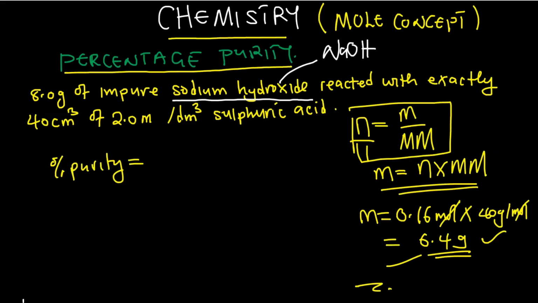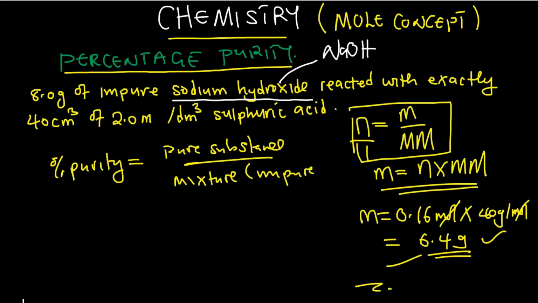Percentage purity is equal to the mass of the pure substance divided by the mass of the mixture. The mixture is the impure substance, in this case sodium hydroxide.